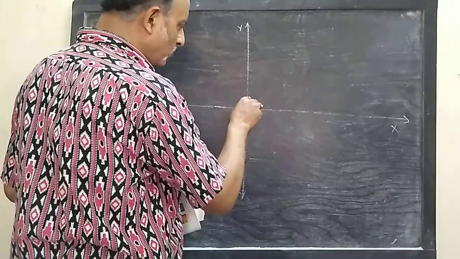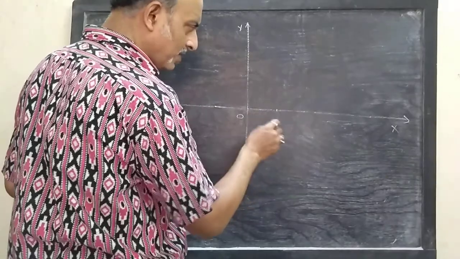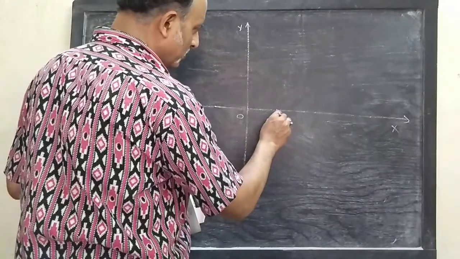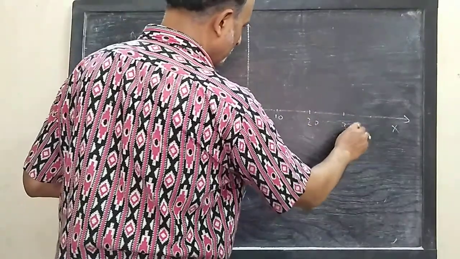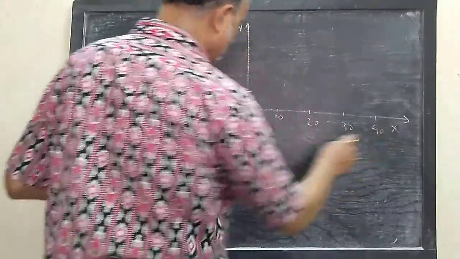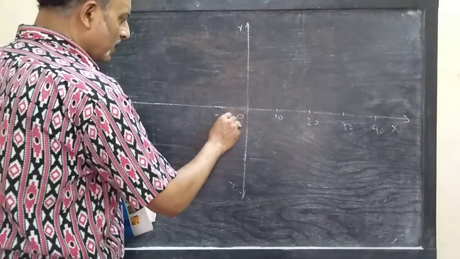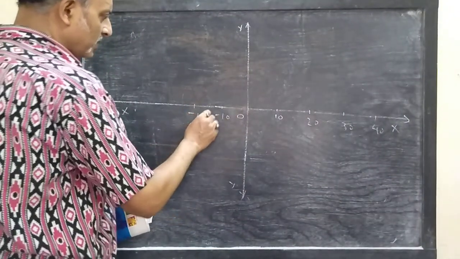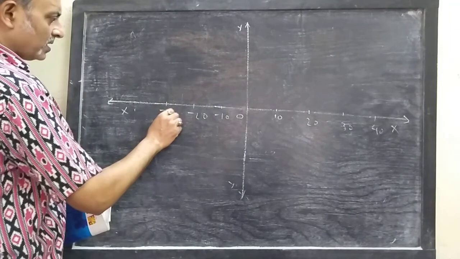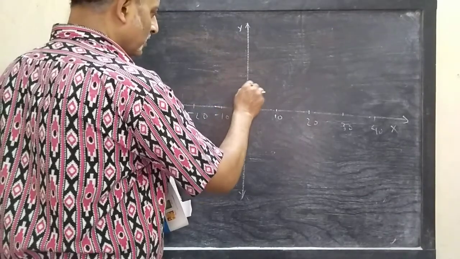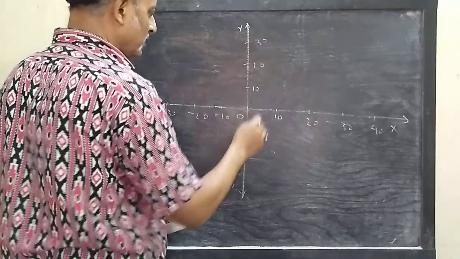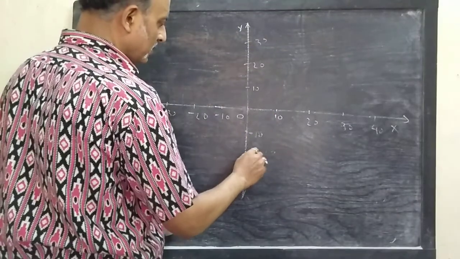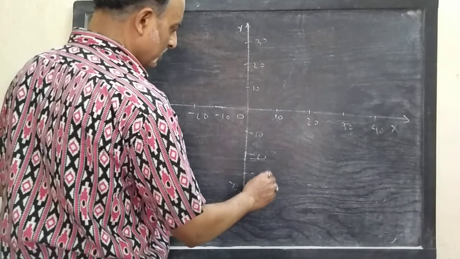Now from one bold line to another bold line, there will be 10 divisions. So this will be 10, then this will be 20, this will be 30, this will be 40. In this way, this will be -10, this will be -20, this will be -30, etc.